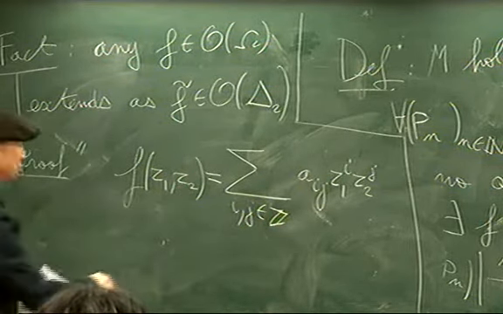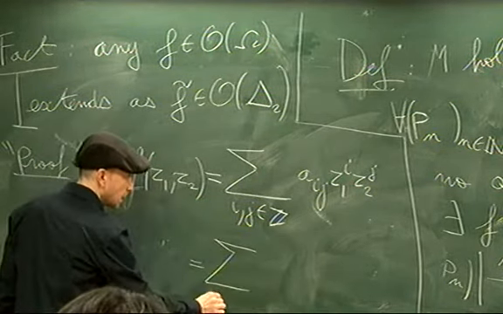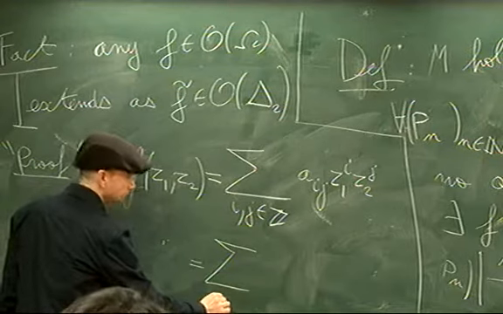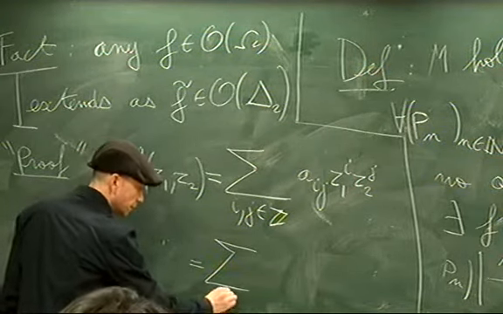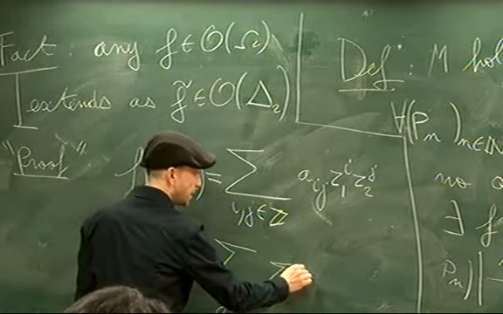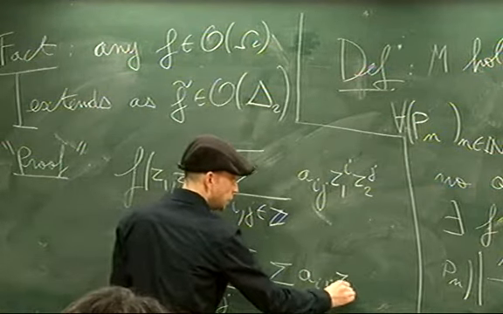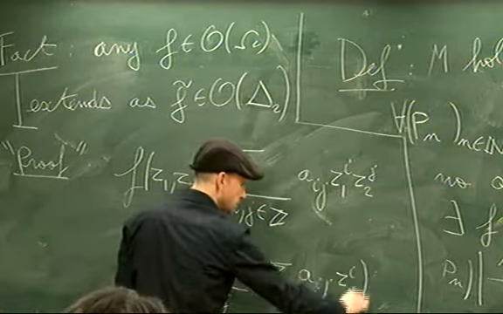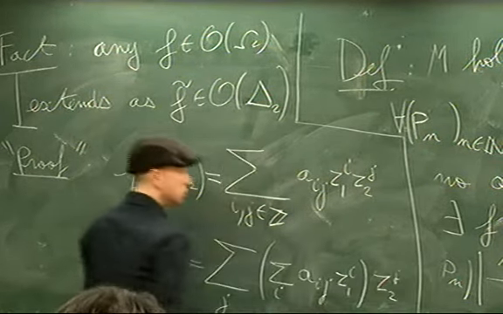Now, we can rewrite this. I will group the powers of z2. So I will take a sum over j of the sum over i of a_ij z1 to the i, z2 to the j.